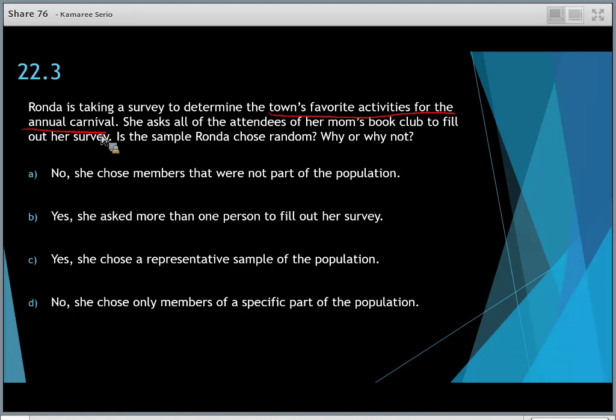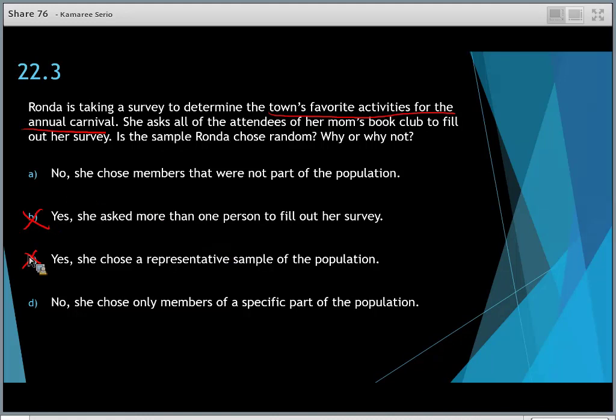Well, she's talking about this whole town carnival, right? That probably a bunch of people go to. But the only people she surveyed were people in her mom's book club. So to me, that's not very random, right? Because she's missing a whole other spectrum of town people. So no, it's not random, which means I'm going to cross off both yeses.